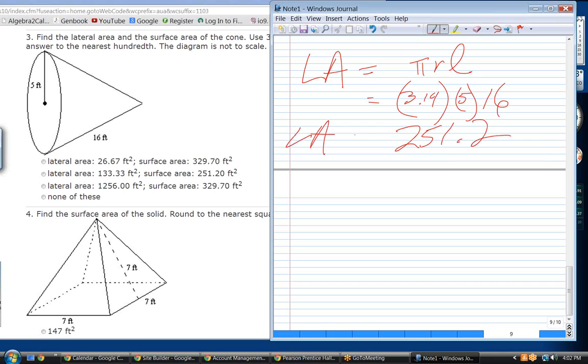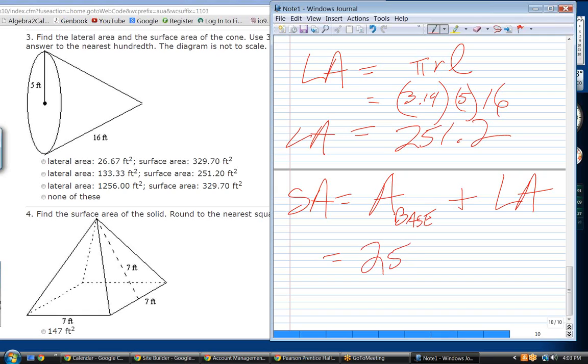Now we immediately know that the answer is none of these, because that's not on there. But let's go ahead and figure out the surface area anyway. The surface area is the area of the base plus the lateral area. So what's the area of the base? 25 pi.